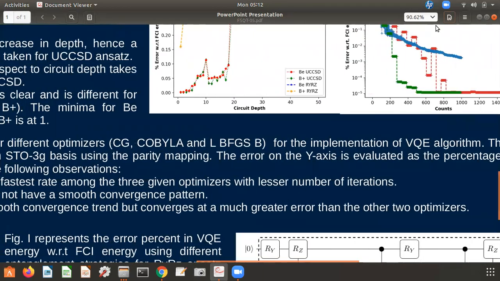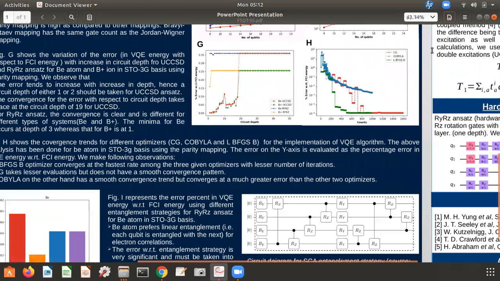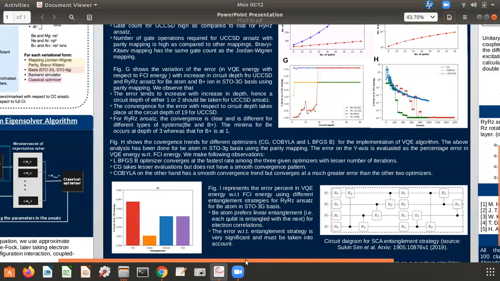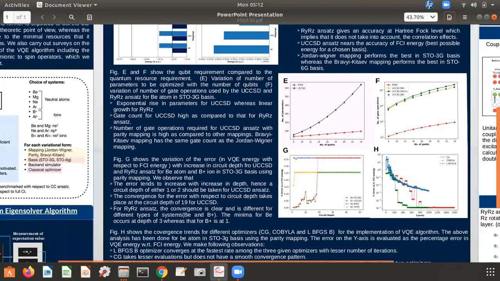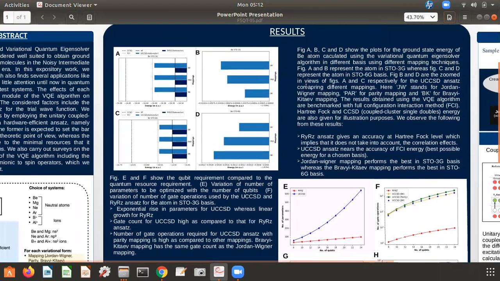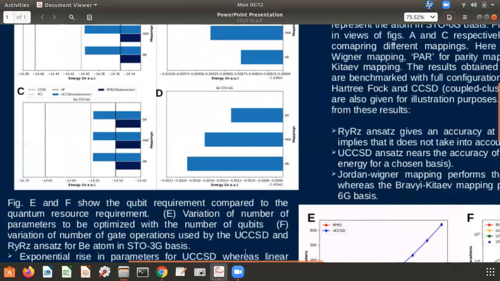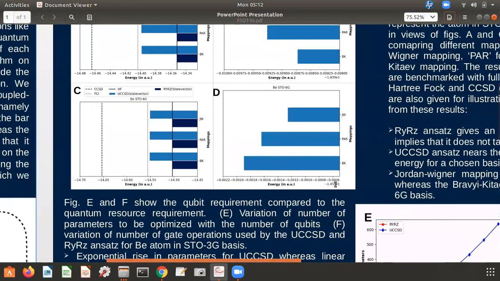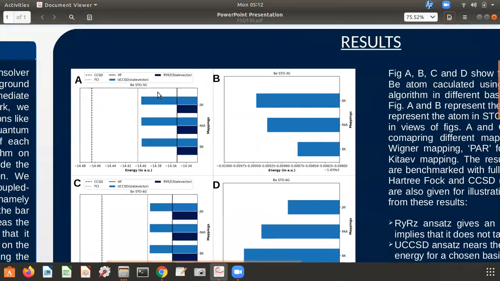So coming to the results section, you see that we have evaluated different results for different mappings here. If I zoom in a bit, you will see the different methods of calculation.